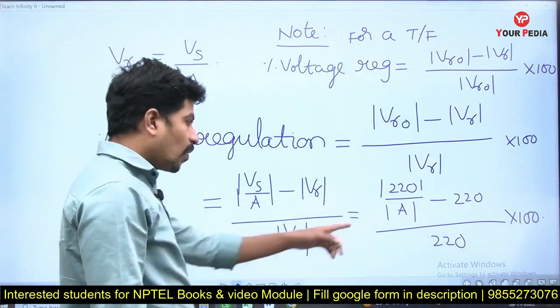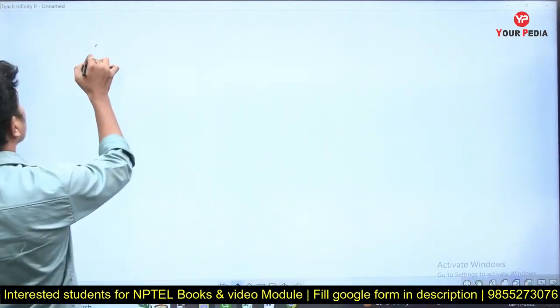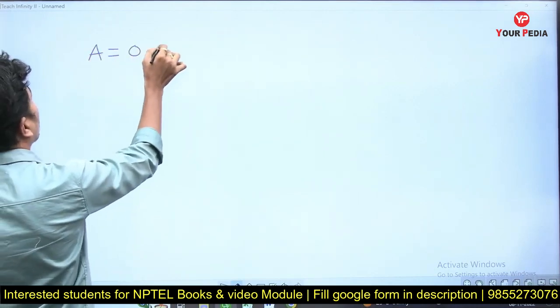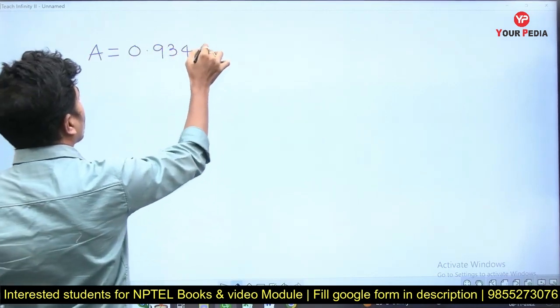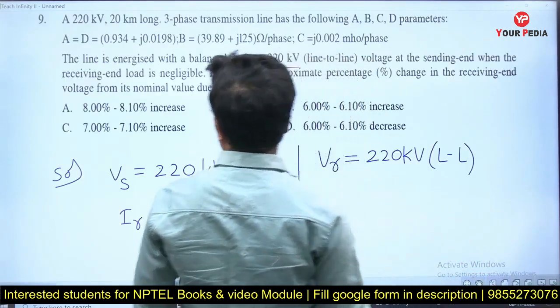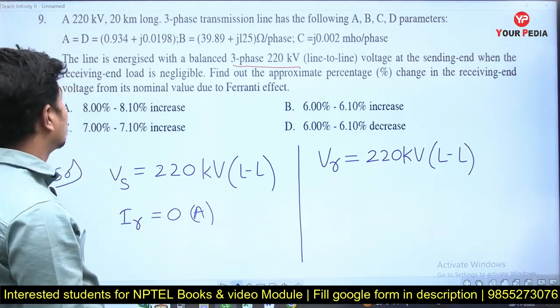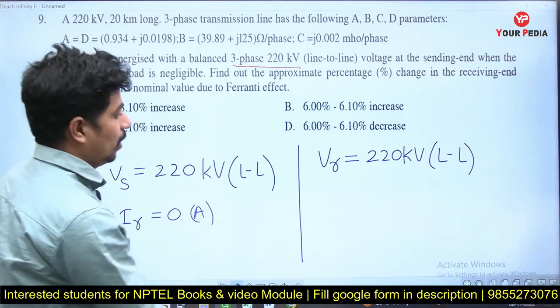Now we have to find the value of A. A was mentioned already in the question: 0.934 plus j 0.0198.